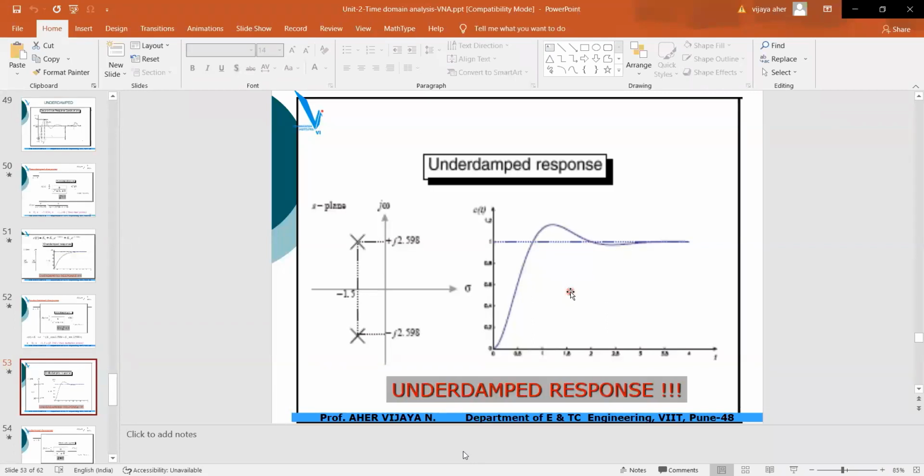But here, when the system is underdamped, see, the overshoot has come. Again, there is a transient. Then your system is trying to settle after this point. So this is the response of the second order system, the underdamped response. Got my point?